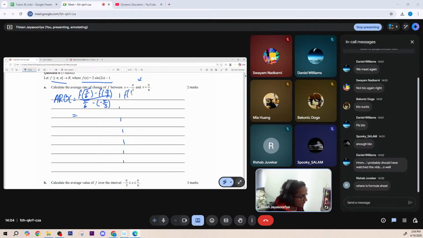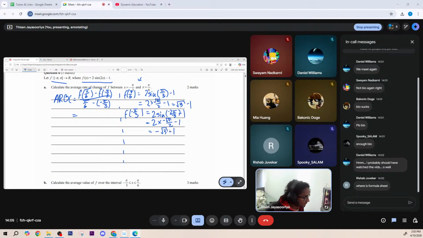So we have f of pi over 6 equals 2 sine of pi over 3, take 1, which is equal to 2 times root 3 over 2, take 1, which is just root 3, take 1. We also have f of negative pi over 3, which is 2 sine of negative 2 pi over 3, take 1, which is 2 times negative root 3 over 2, take 1, which is just negative root 3, take 1.